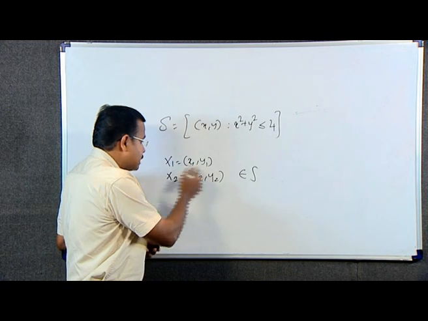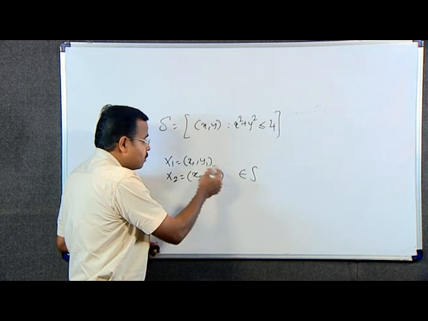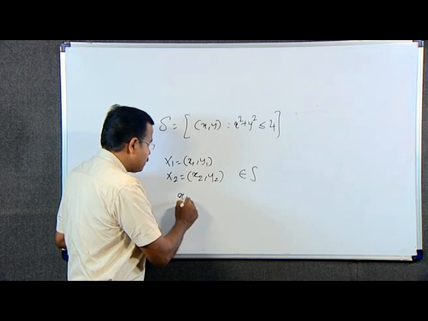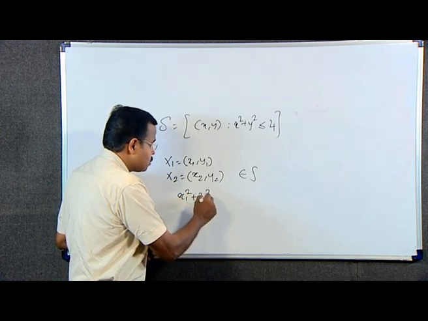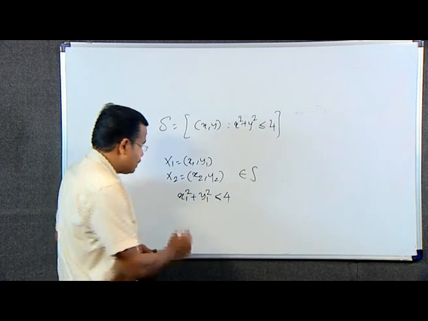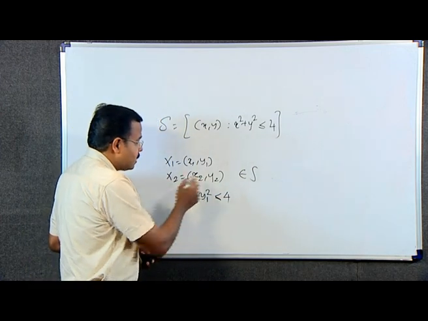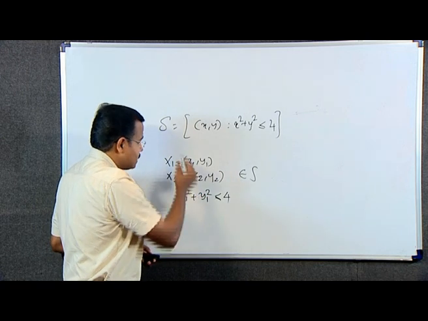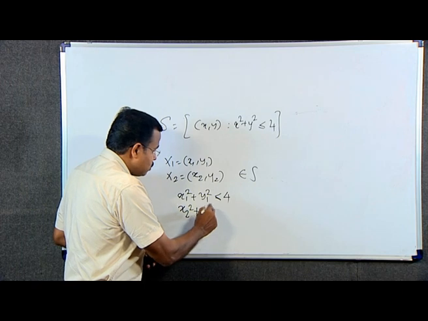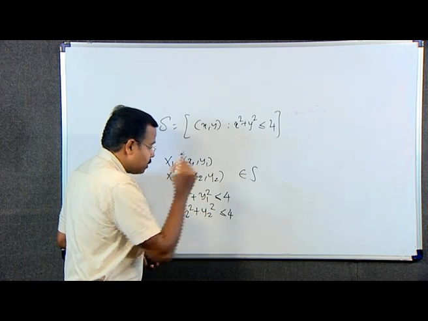Since the point (x1, y1) belongs to S, x1 square plus y1 square is less than or equal to 4, and since (x2, y2) also belongs to S, x2 square plus y2 square is also less than or equal to 4.